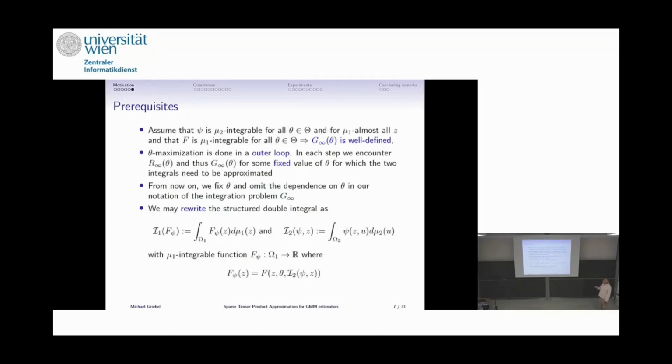Now, let's rewrite the structured double integral. This is one integral with the integral f of psi, just by definition. And the second integral is here with a double integral, with an integral of the omega-2 variable of psi. It's the same thing. Just we rewrote that to see that there are two integrals showing up, an outer one which lives in Z and an inner one which lives in U and depends on Z. Okay, just a rewriting.